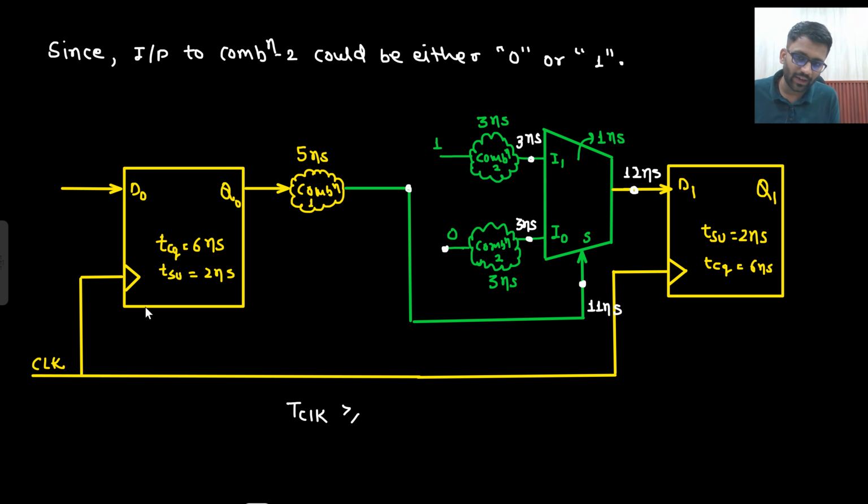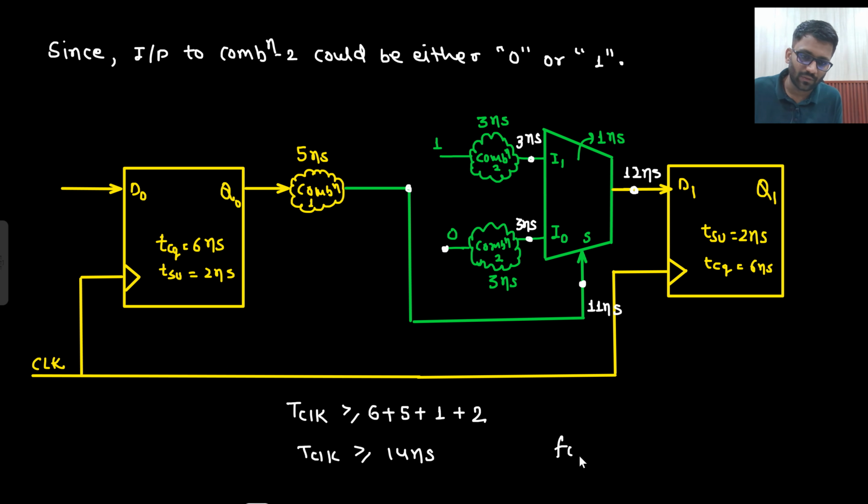So T clock requirement, if I write from the beginning, is 6 plus 5, plus these are already stable, so it will take just 1 nanosecond of time more, and then setup time, which is 2. So now my T clock requirement is 14 nanoseconds.